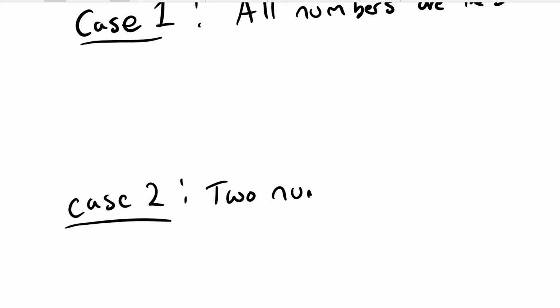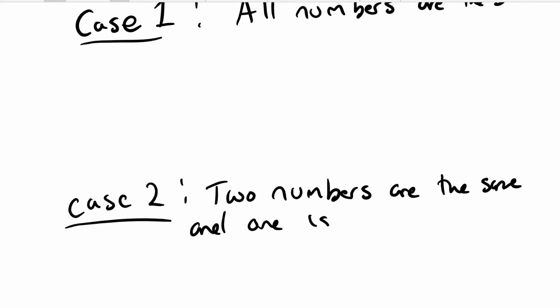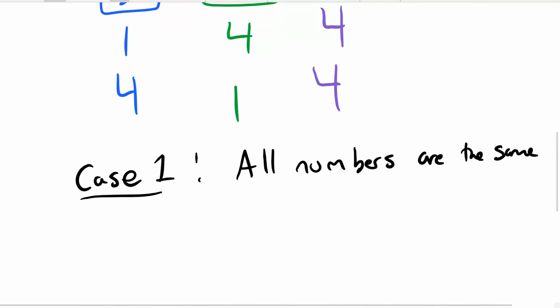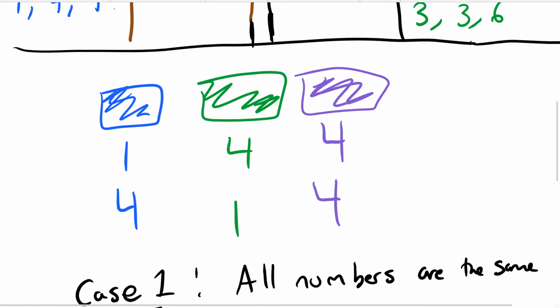Two numbers are the same, and one is different. That'd be just like the combination 1, 4, 4.